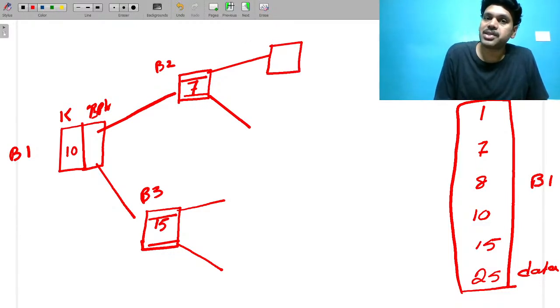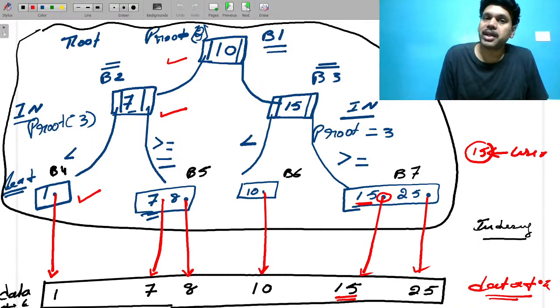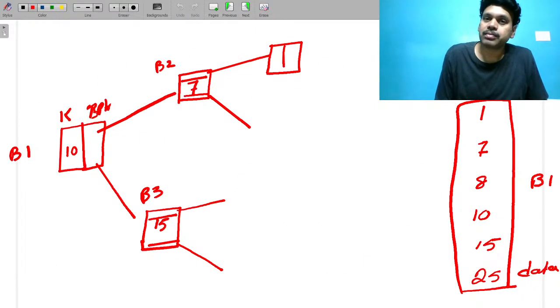Your leaf consists of 1 dot, 7 dot and 8 dot.